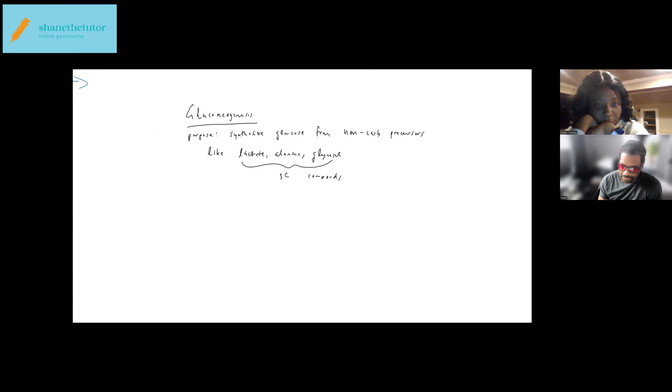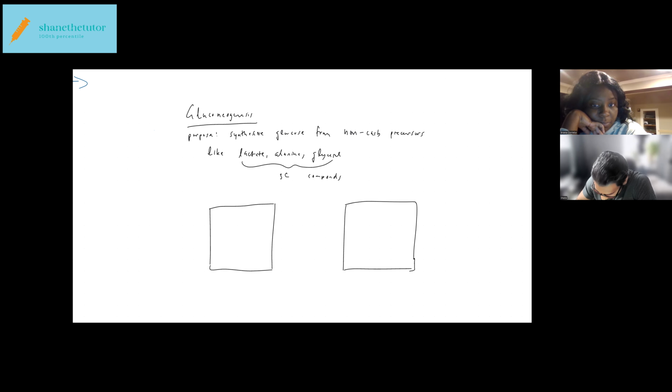So for instance, let's say that we have a muscle cell here. That's where the glucose, through glycolysis, turns into pyruvate.